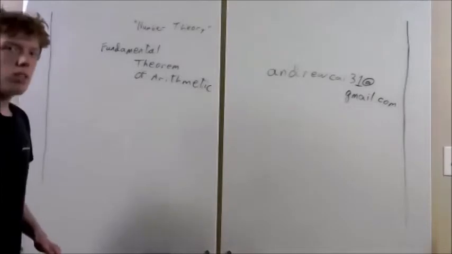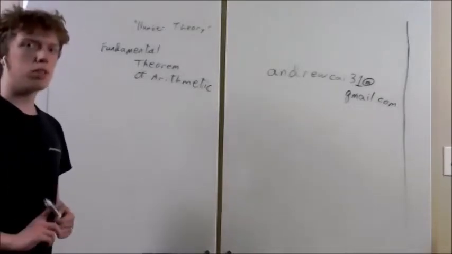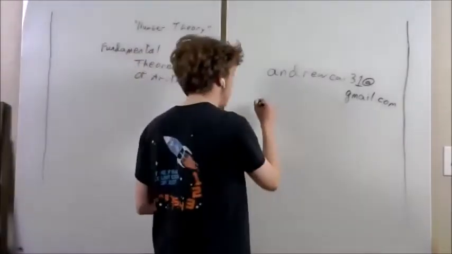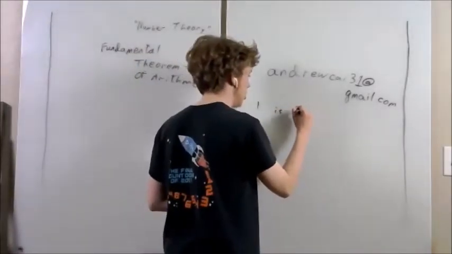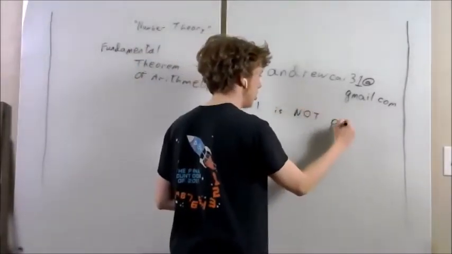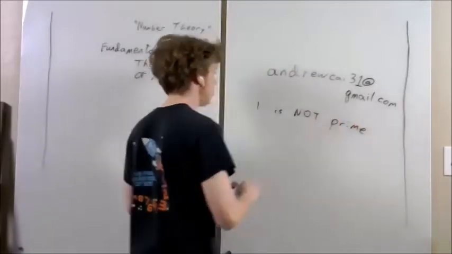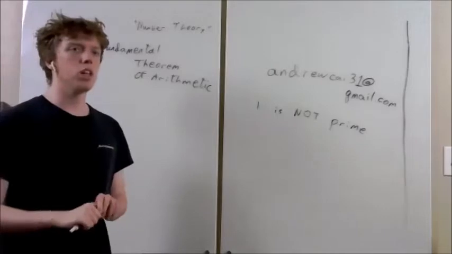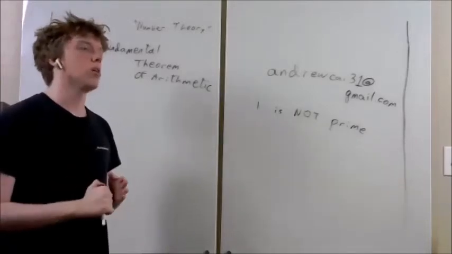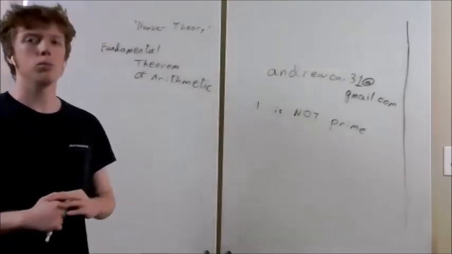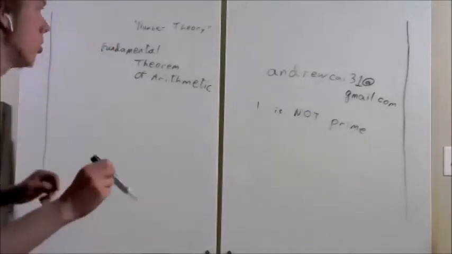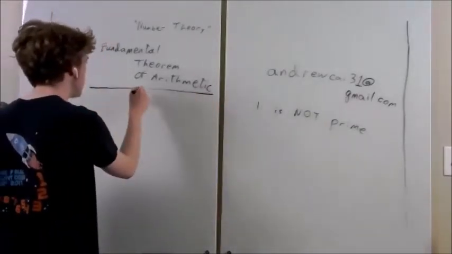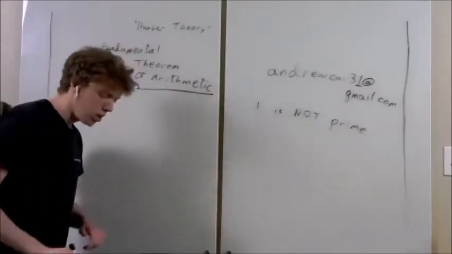And basically what it says, oh, and I should specifically point out, 1 is not a prime number, because it makes our lives easier to say 1 is not prime. We can define the word prime to mean whatever we want, but for our purposes, we want to say 1 is not prime.